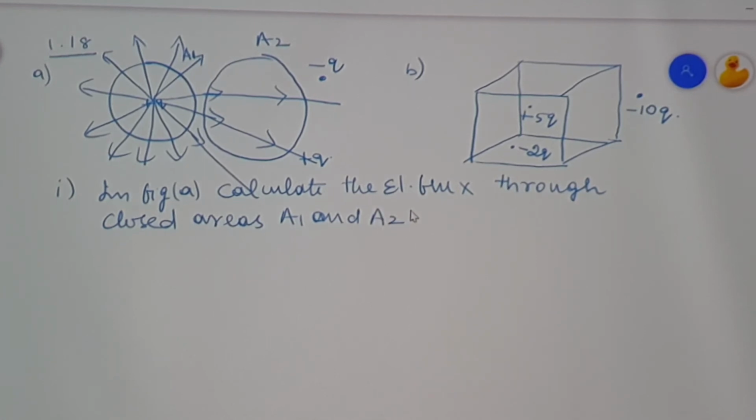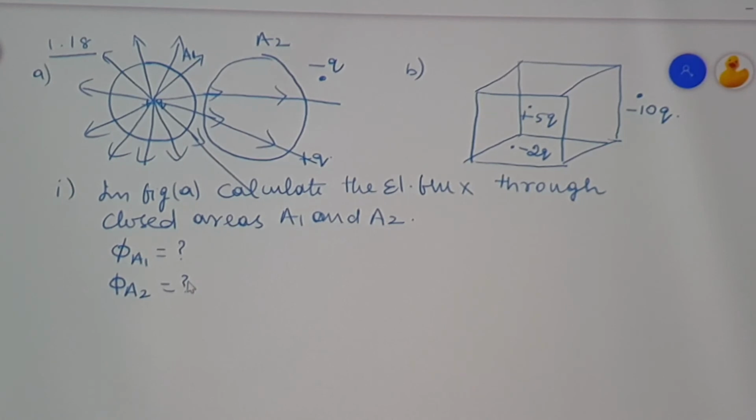First of all, let us finish this and then go for the next one. From figure A, calculate the electrical flux through the closed areas A1 and A2. So we have to calculate phi of A1, the electrical flux through the area A1, and the electrical flux through the area A2.